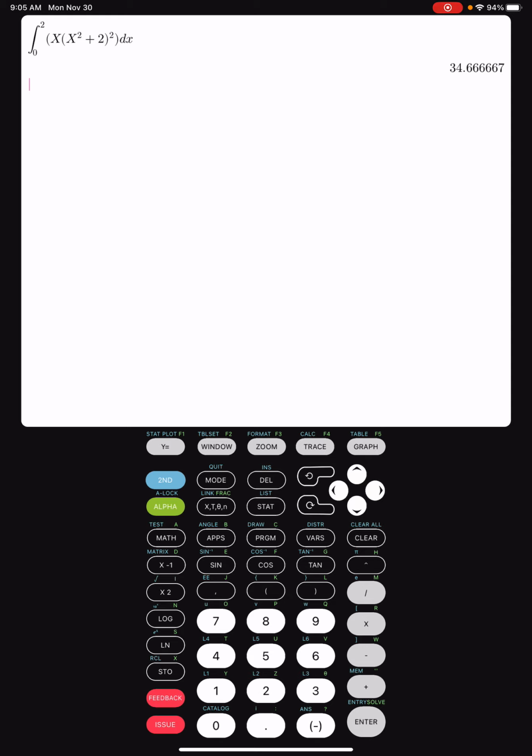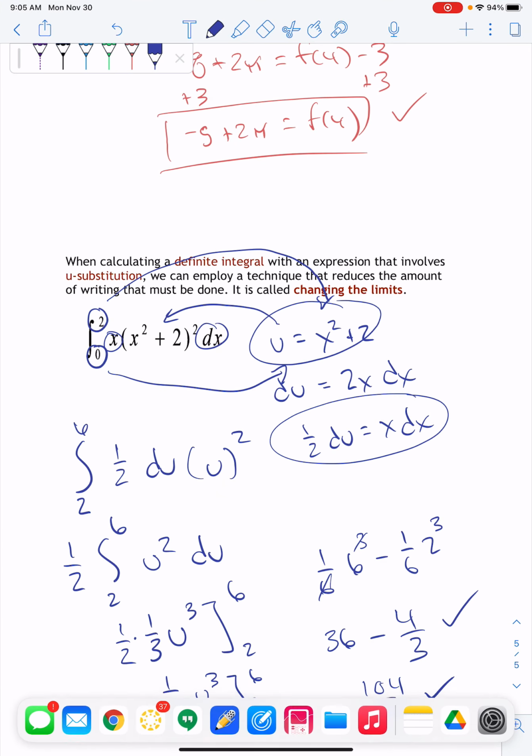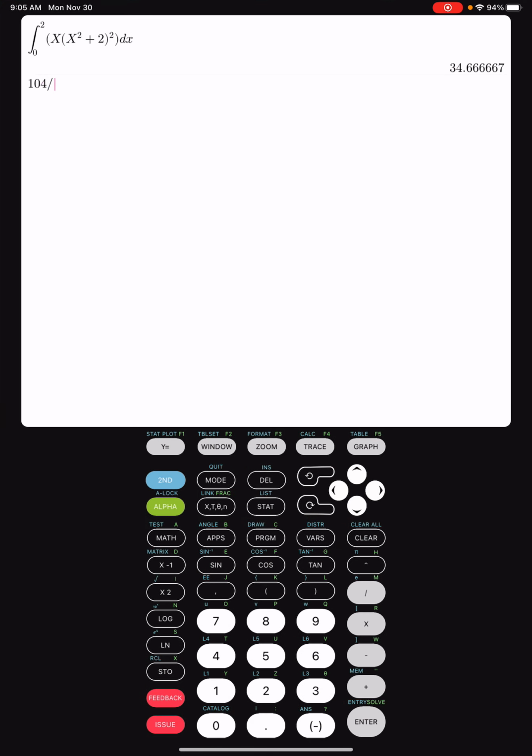Enter. So 34.666667. So if I take my 104 over 3, what do I get? 34.6666667. We get the same answer. Okay, it's a really powerful theorem. It lets you do a lot of things.